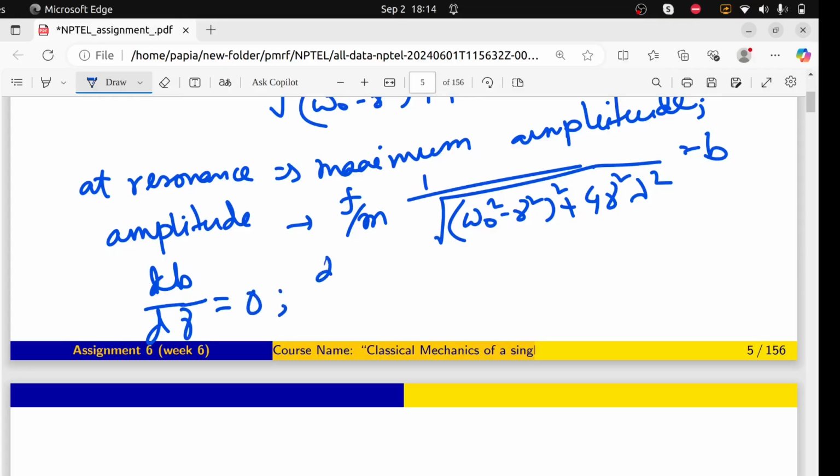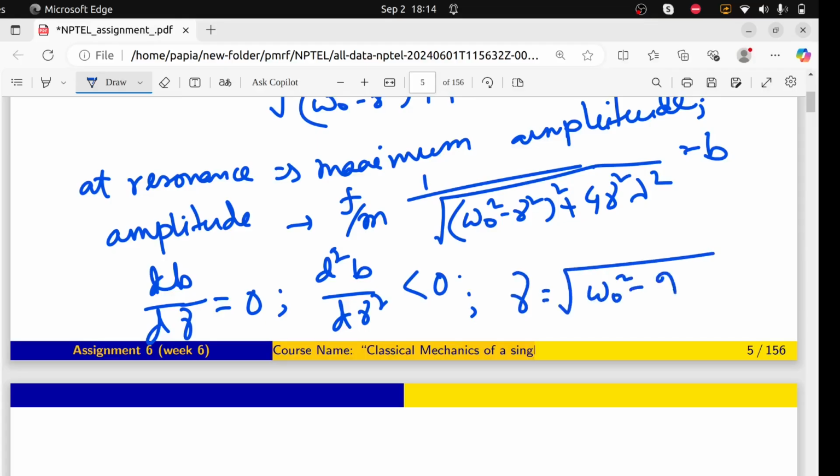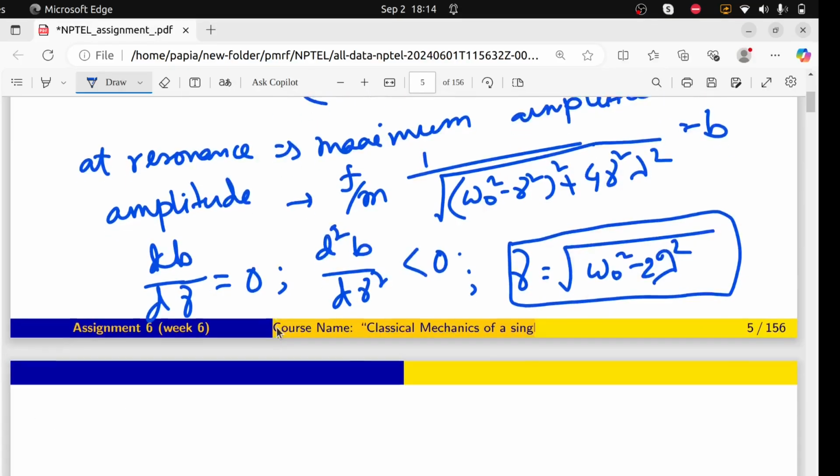So this will be 0, and d2A by d gamma square should be less than 0, because it is a maximum value. You can calculate these things and understand at which value of gamma we will have maximum amplitude. So gamma is nothing but root of omega_0 square minus 2 lambda square. This is the expression for gamma so that I can have the resonance condition here.